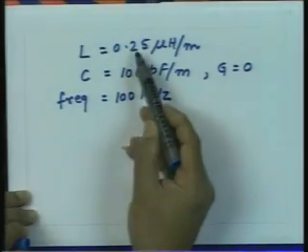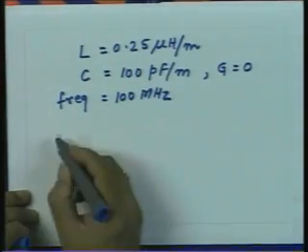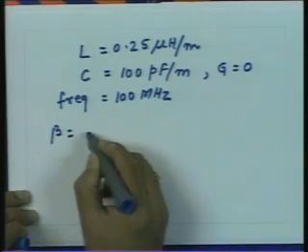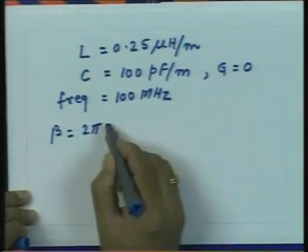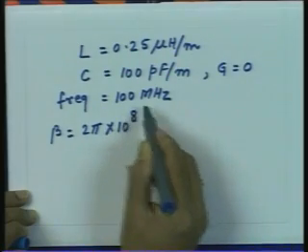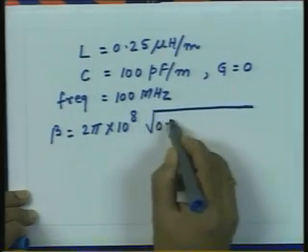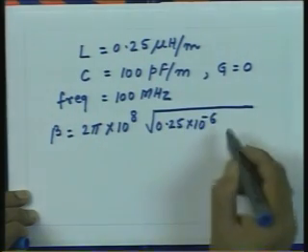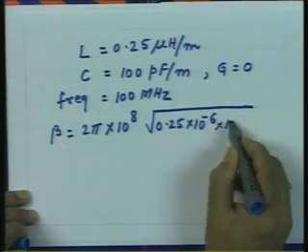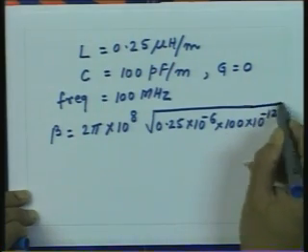From here, since I know the value of L and C and the frequency, I can find out the value of beta. So, beta is equal to 2 pi into frequency, which is 100 megahertz, which is 10 to the power 8 hertz, square root of L, which is 0.25 into 10 to the power minus 6 for microhenry, multiplied by 100 into 10 to the power minus 12 for the picofarad.